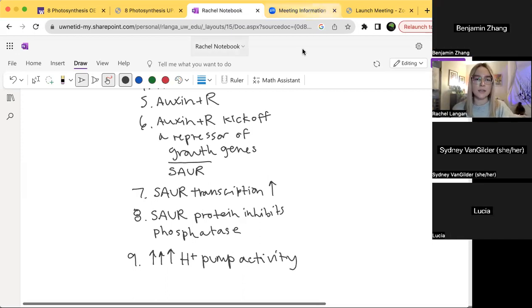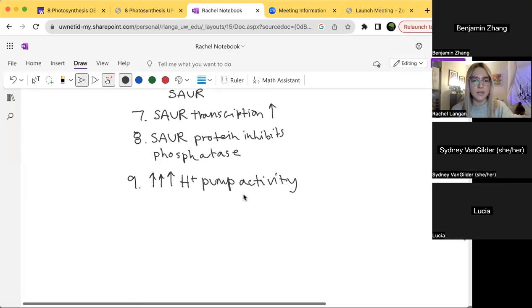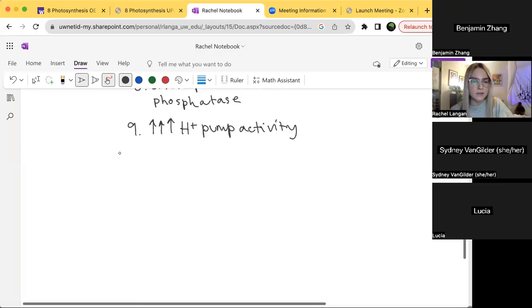So auxin has resulted in an increase in hydrogen pump activity. So what's that going to do? Hydrogen is pumped out of the cell to the cell wall.